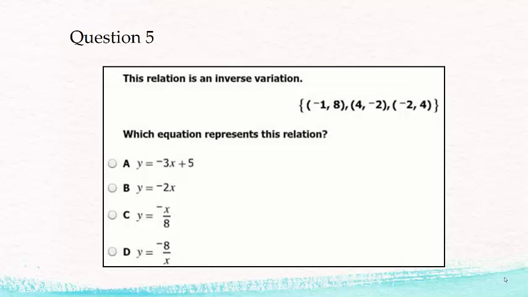Okay, now they want to know which one describes an inverse variation. This one isn't direct or inverse. This one, you plug in a point, you plug in a 4, and you get back a 1/2, not a -2.